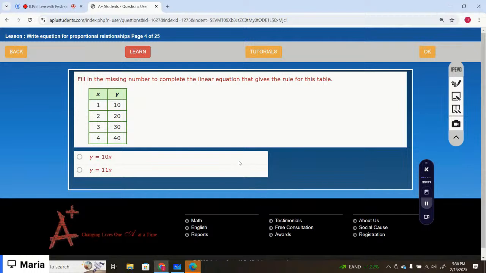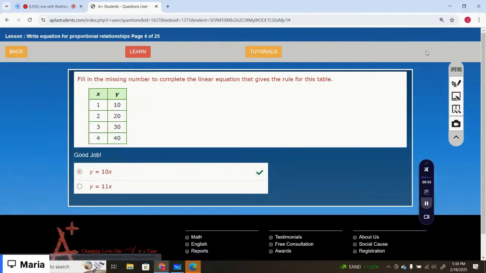That is y equals 10x. Option number 1 is the correct option.